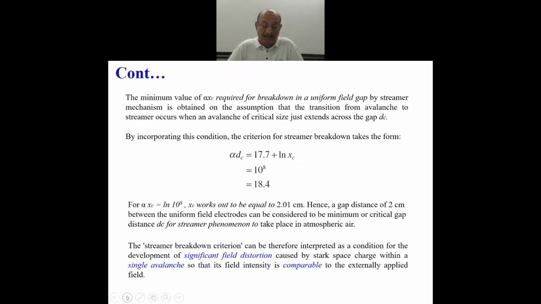When you increase the gap distance, obviously the streamer process will take place, and below 2 centimeters the Townsend mechanism or the avalanche process would take place to accomplish the breakdown.